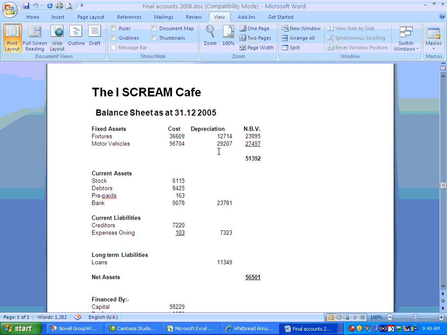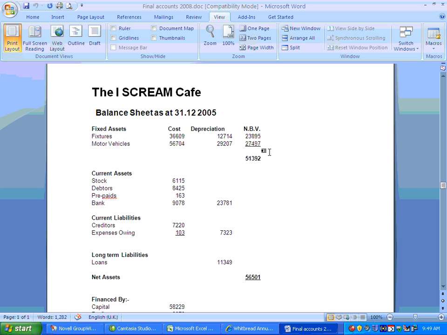That was, remember, the depreciation up to the beginning of this current year, and we've got to add to that the 9,000 and a bit pounds that was the depreciation for this current year.